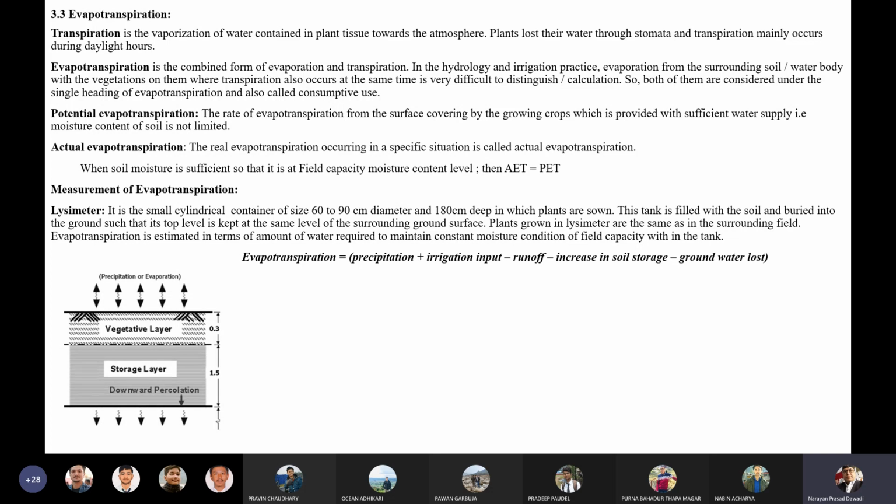If on one day you provide the moisture content to the maximum amount, and on a later day you measure the added water that is sucked by the soil and the plant, that will be the evapotranspiration, because that amount of water is lost due to evaporation and transpiration.